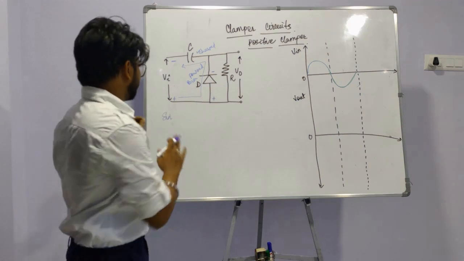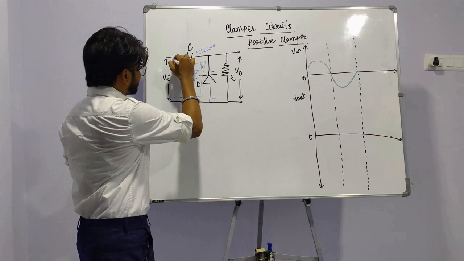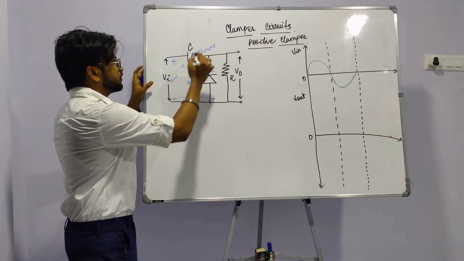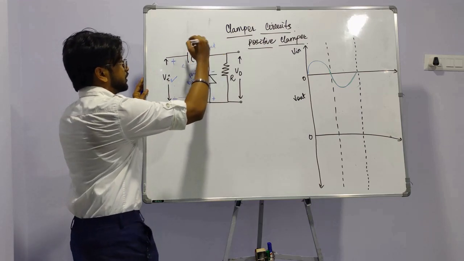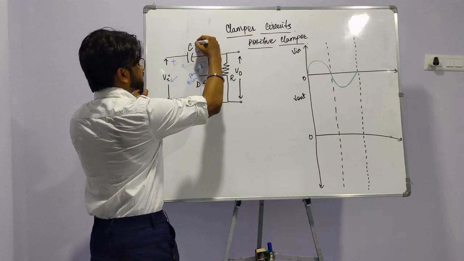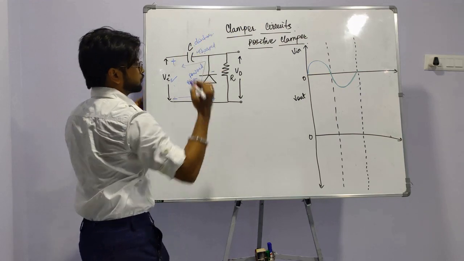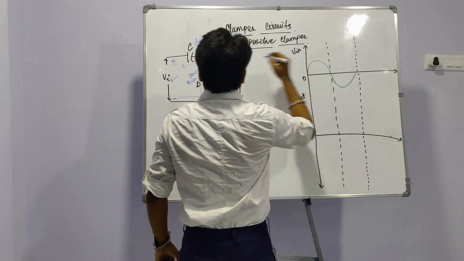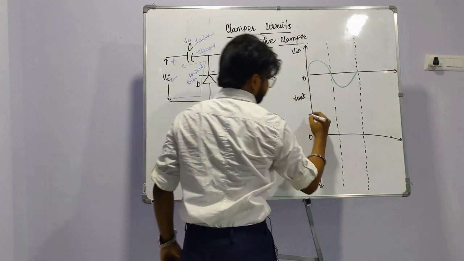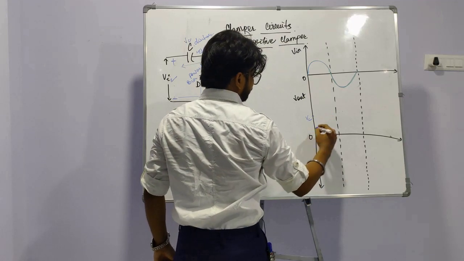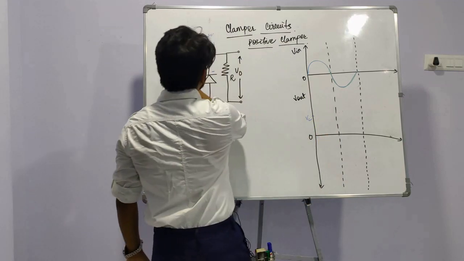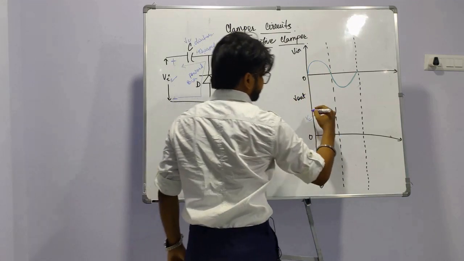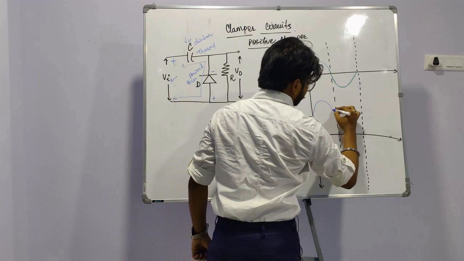Now again in the next positive half cycle, we have the Vi as well as the voltage from the charged capacitor. In the positive half cycle the capacitor discharges, so the output is 0 plus Vc, the voltage from the capacitor. So from 0, the increasing sinusoidal voltage Vi is added with Vc, the voltage from the capacitor, and we have a sinusoidal wave in this manner.